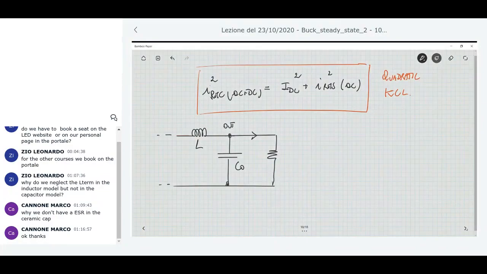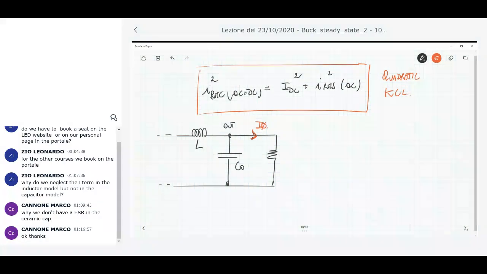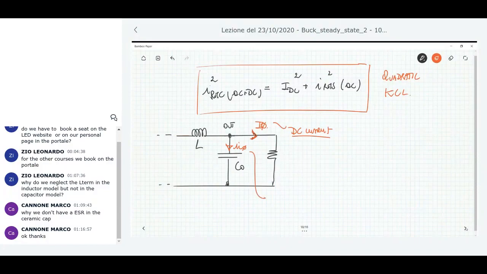This current flowing to the load is I naught. This current is DC current. No AC contribution here. Okay, we have a DC-DC converter, so the output current is simply V naught over R. And the current here, IC naught, is a current flowing through a capacitor, so no DC component, just AC current.